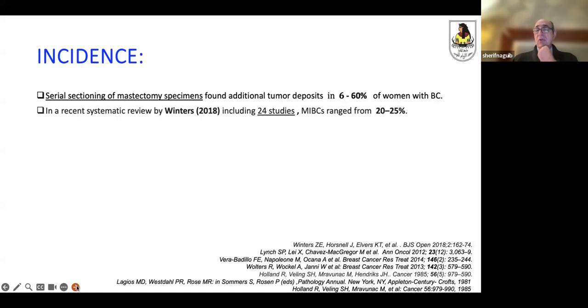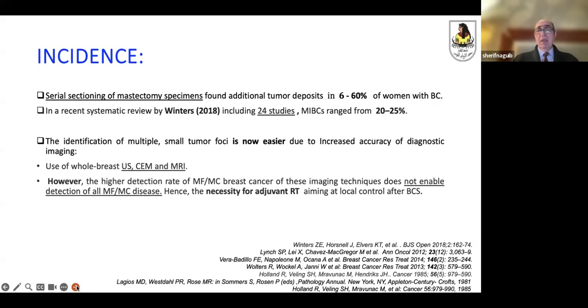And at that time, MRI was not even invented. But nowadays, in 2018, a multi-study found that multiple ipsilateral breast cancer was found in up to 25%.